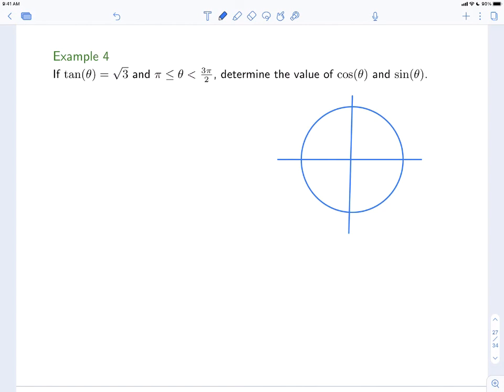Theta is between pi and 3 pi over 2. That means that it's in the third quadrant, so we're over here. In particular, what that means is that both sine and cosine are negative over there.